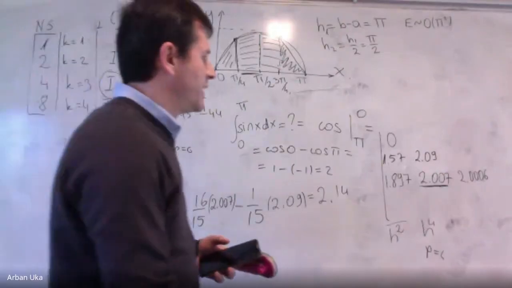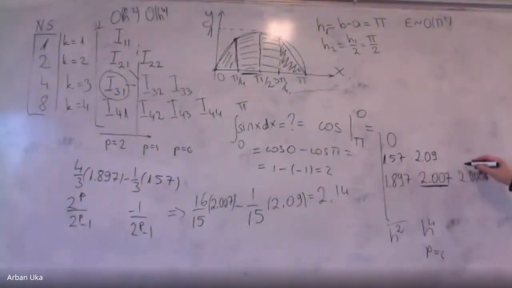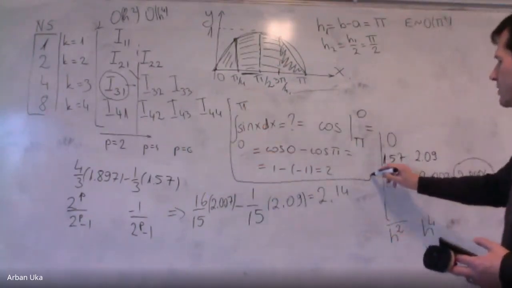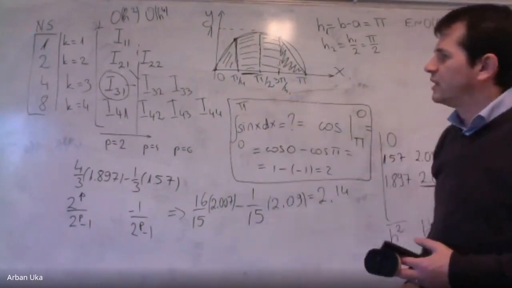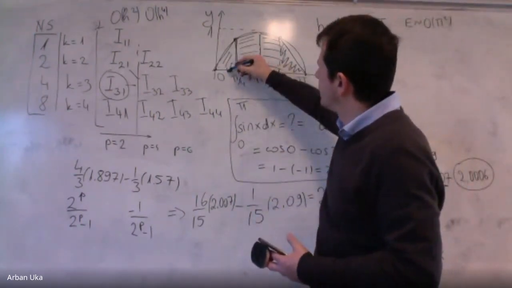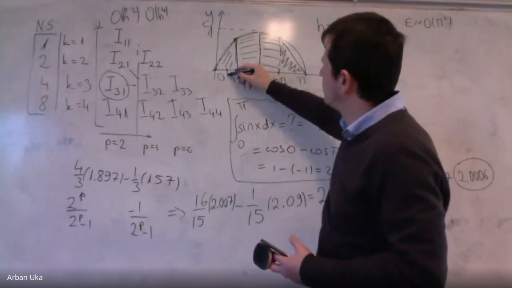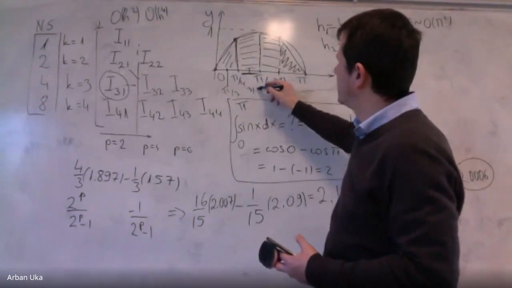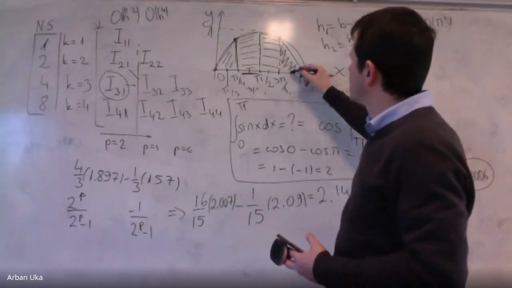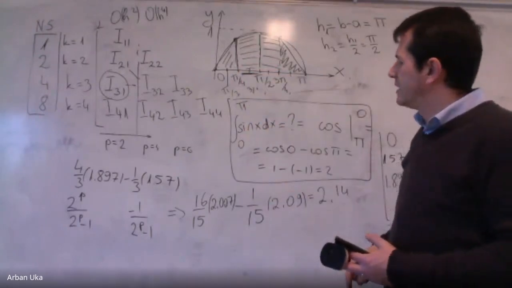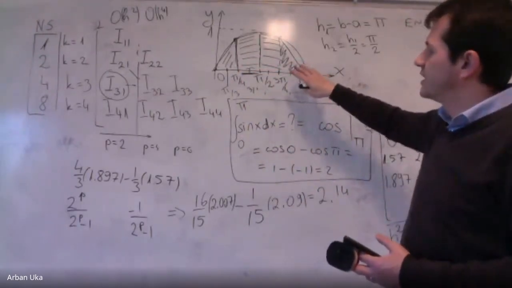And with this many steps, we found a value which is very close to the analytical solution. Okay? So we can continue one more step by finding new points such as pi over 8, 3 pi over 8, 5 pi over 8, and 7 pi over 8. So we can divide this further once again and use the same technique.